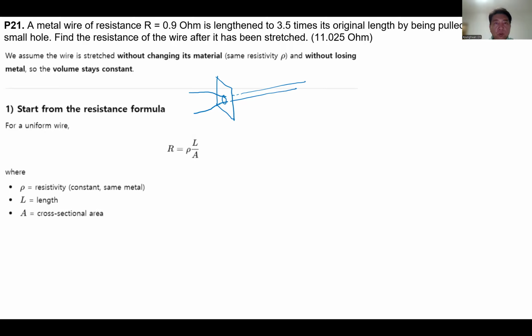By passing through a small hole, we increase the length. Okay, so we note that the resistance is given by this basic formula.